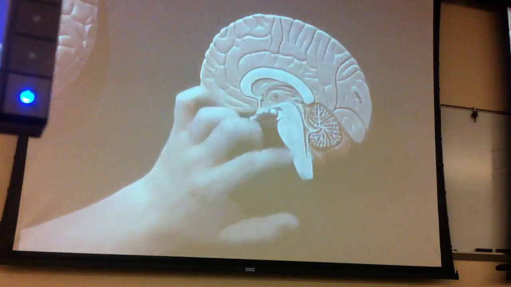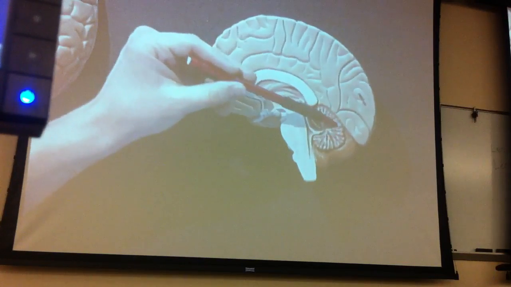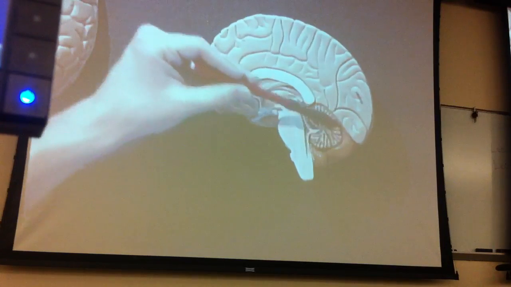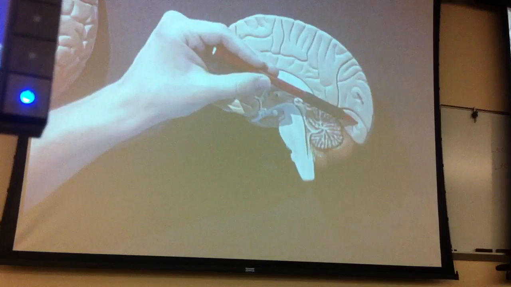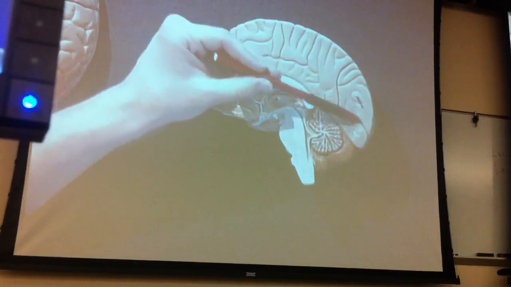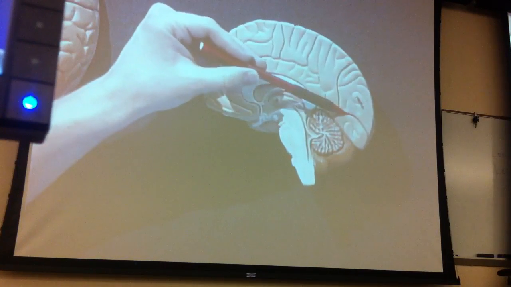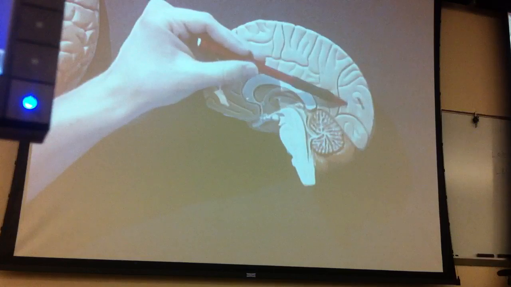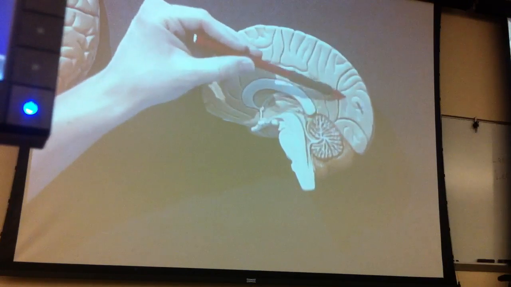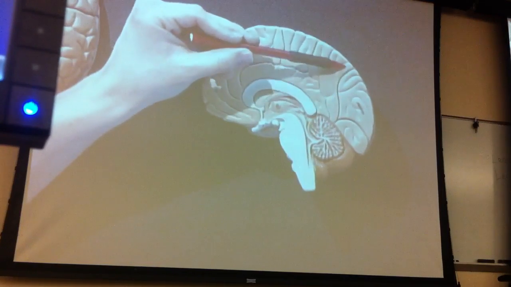So let's very quickly go through this. What is this called right here? Cerebellum. Transverse fissure, what is this? Lingual. Yep, how about this? Oh, yeah, this. Calcarine sulcus, and how about this? Yeah, cuneus. How about this right here?